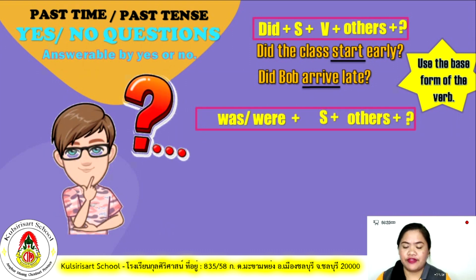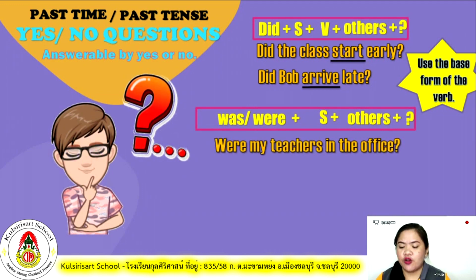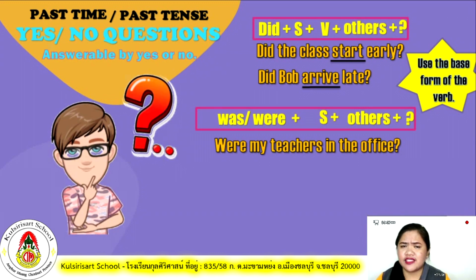Next, we have this pattern. Was, were, plus subject, plus others, plus question mark. Now, when we talk about was or were, was is used when? Very good. And were is used when? Very good. Subject is plural. Now, we have here, were my teachers in the office?